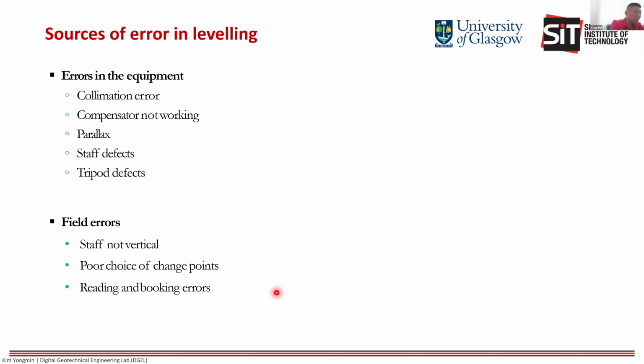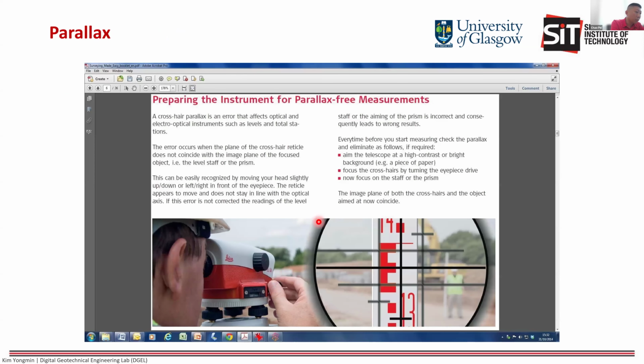Some of you may ask, what is parallax, which is one of the instrument errors. All leveling instruments have a crosshair, and the parallax error is actually affected by the optics.